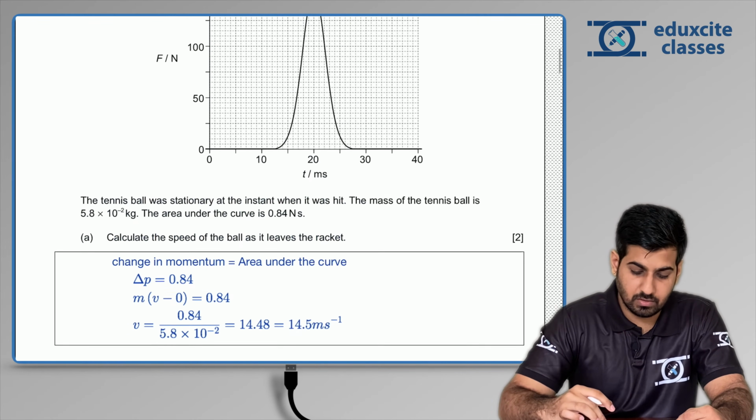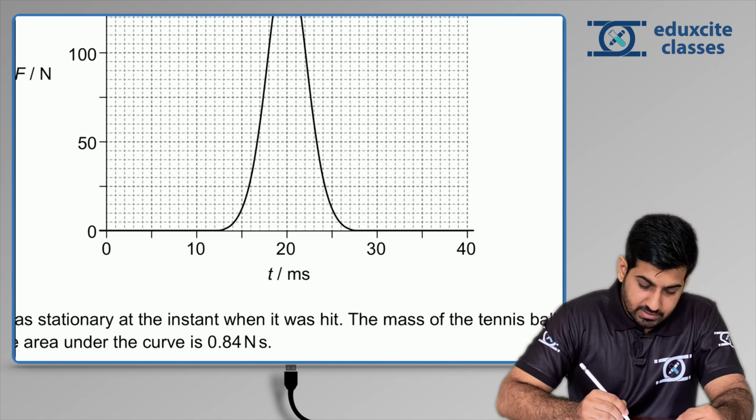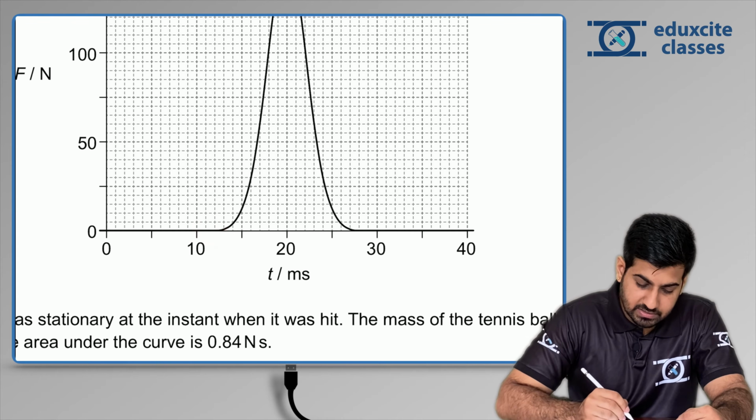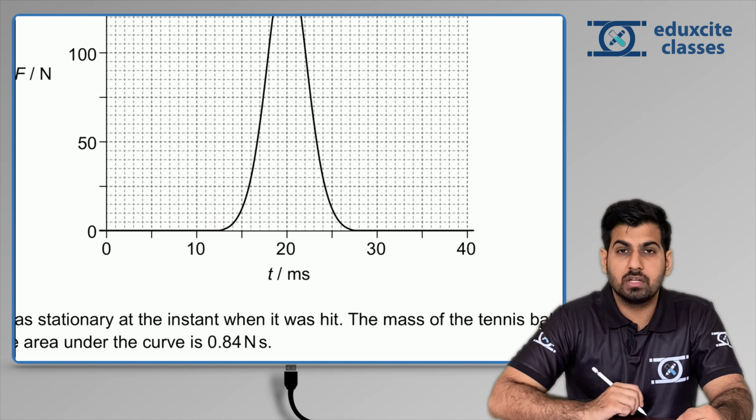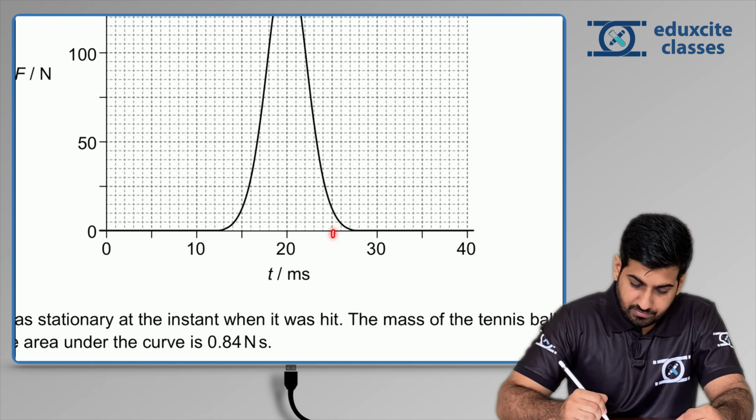If you look closely, the point is just starting below this point. So this is 10, 11, 12. We can consider that at 12 milliseconds the ball comes in contact with the racket, and when it leaves, this is 25, 26, 27, 28.